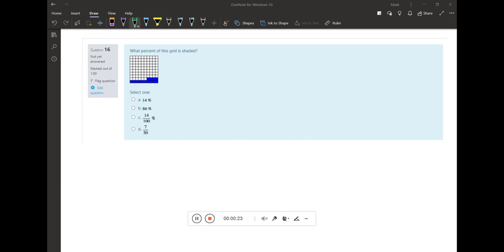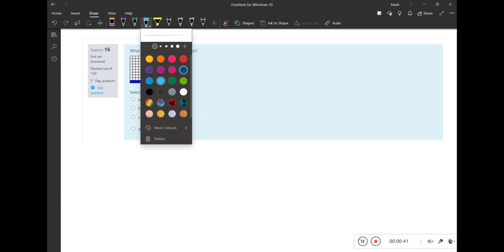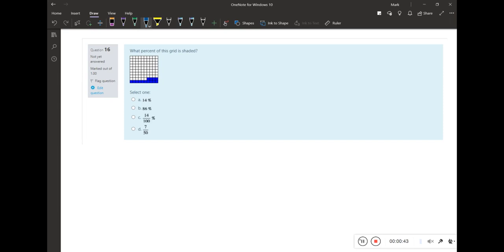We need to be comfortable going between fractions, decimals and percentages, and in a question like this, that's what we're going to do. I'm going to fill in a bit more of this so that we have a different one to work with. I'll fill in some more blue here, and we'll say all these ones are filled in, all the way to here.